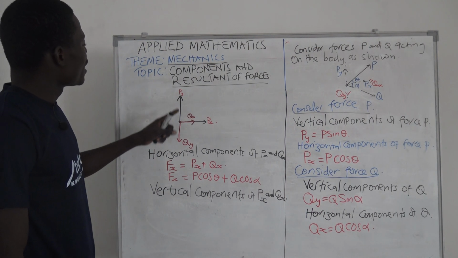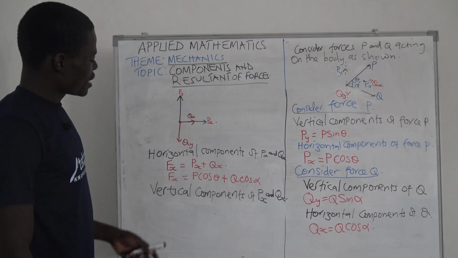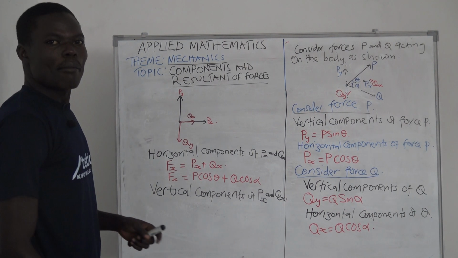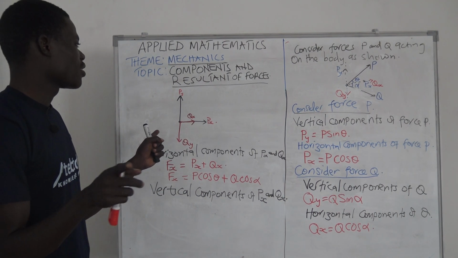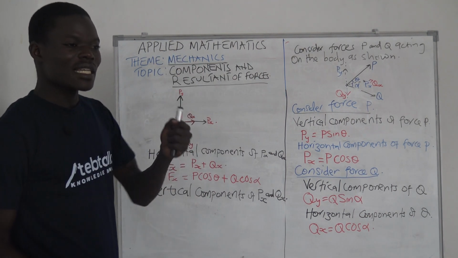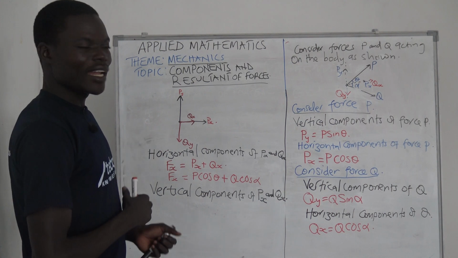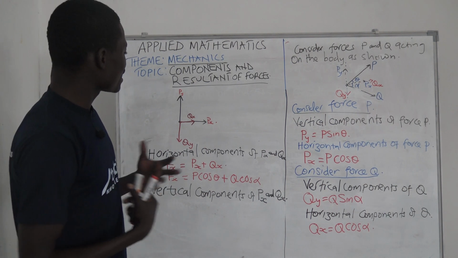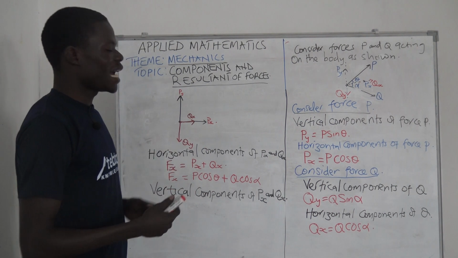We said if there are two forces acting at the same point but in different directions, we subtract. We get the bigger one minus the small one, and then we note the direction. So for our case, let us take Py as the big one.